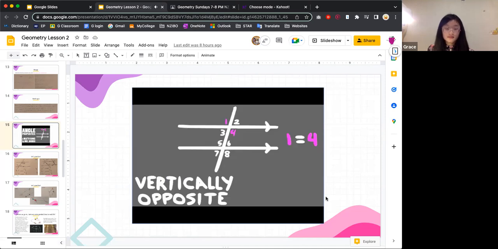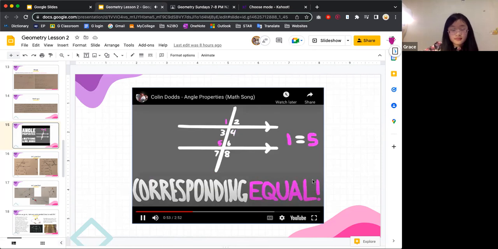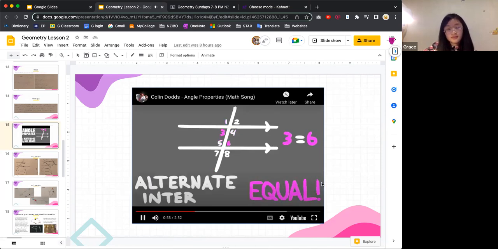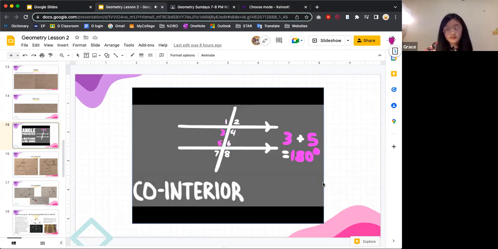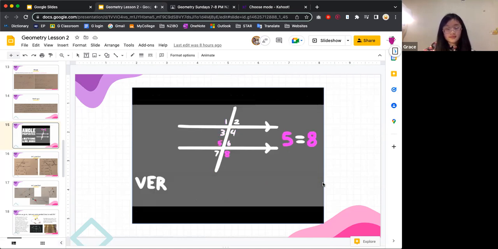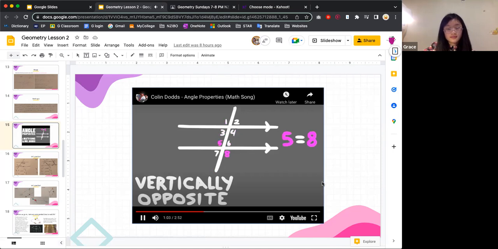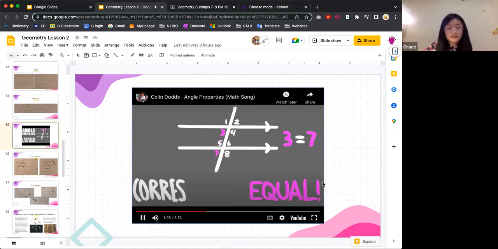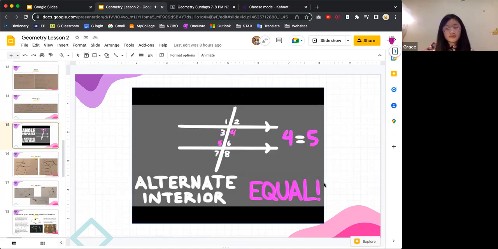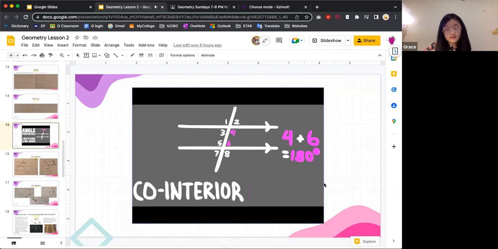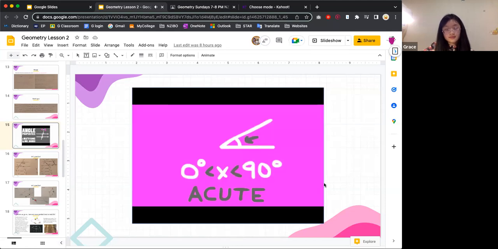Vertically opposite angles are equal, corresponding angles are equal, alternate interior angles are equal, co-interior angles equal 180.